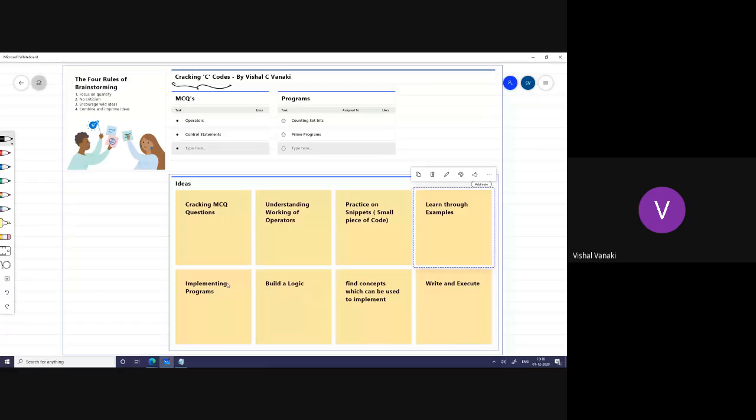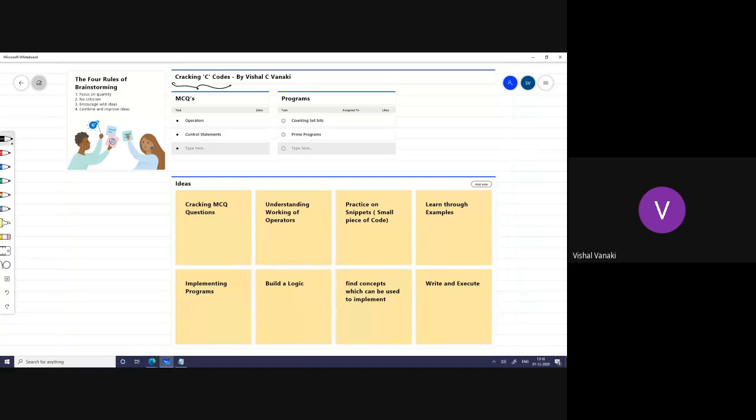Now, coming back to implementing programs, you need to build a logic first. Come up with one logic. For example, let's say I want to do a prime program. How do you decide the given number is prime?